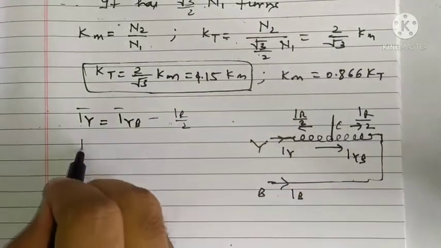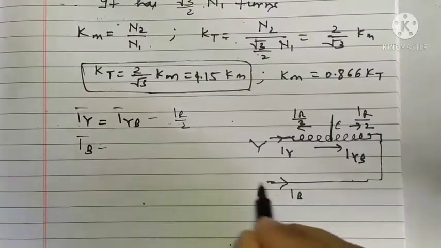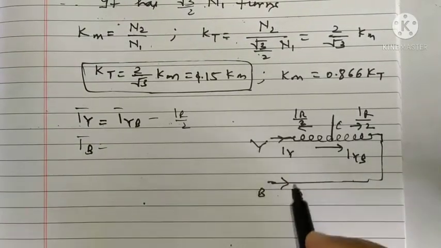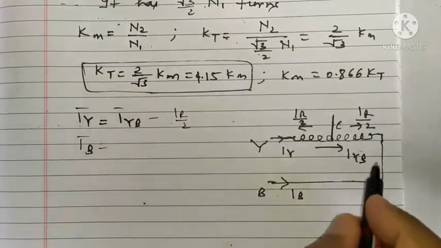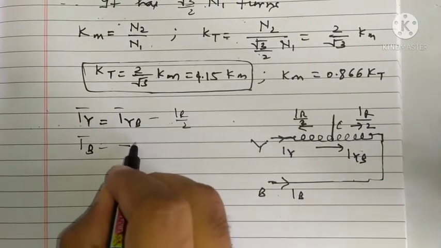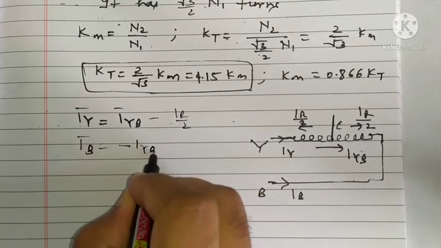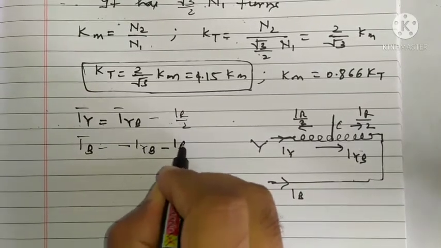Also Ib can be written as minus Iyb minus IR by 2, since both are opposite to this.